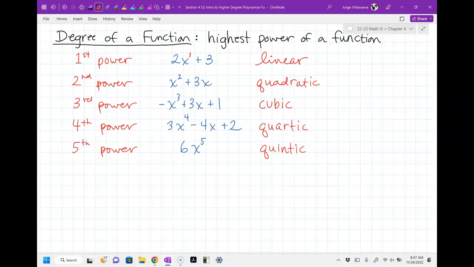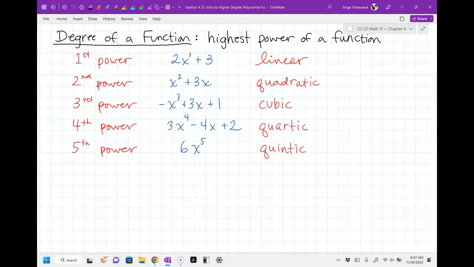So far, what we've gone over is monomials, binomials, trinomials, polynomials, right? Number of terms that you're given. So if you look at the first power one in blue, you would say that's a binomial. So a linear binomial, that's what I would call it, because it's 2 terms and it's a linear function.